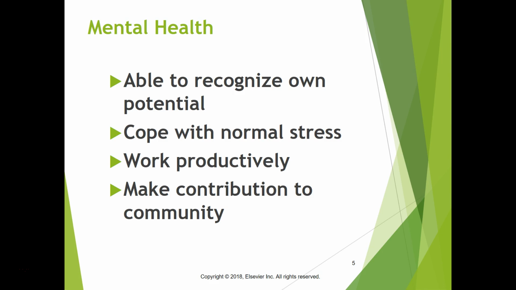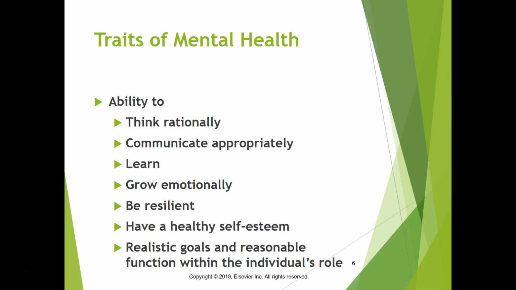So you're not just taking care of your own needs, you're looking out for the needs of other people. So traits of mental health: the ability to think rationally, so you're not influenced by false beliefs like delusions that are completely false, communicate appropriately, learn, grow emotionally, be resilient, have a healthy self-esteem, and having realistic goals and reasonable function within that individual's role.